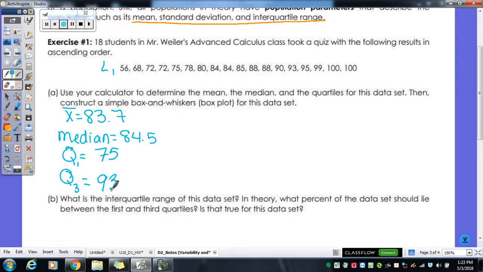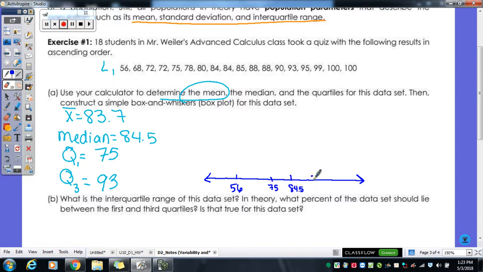So go ahead, try to construct your box plot. Remember, with your box plot, you need to have a number line underneath it. Do you have to put the numbers on the number line? Yes. So let's see here. Our min is 56. Our Q1, 75.